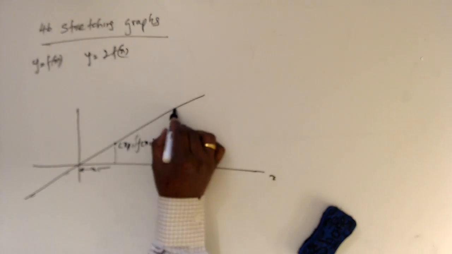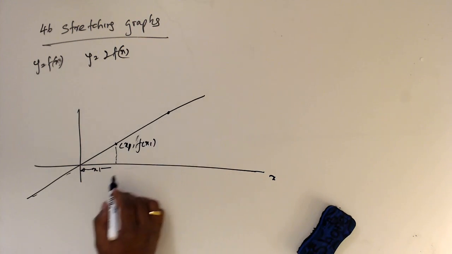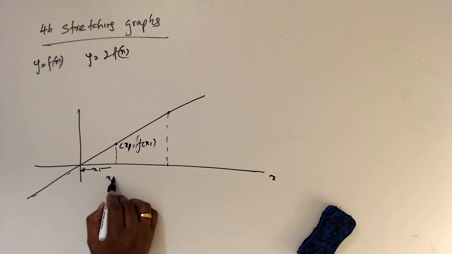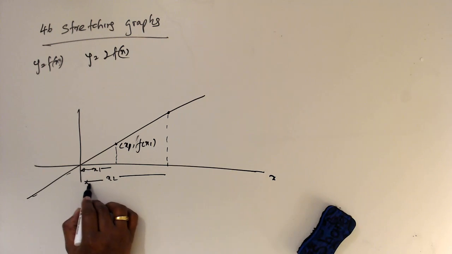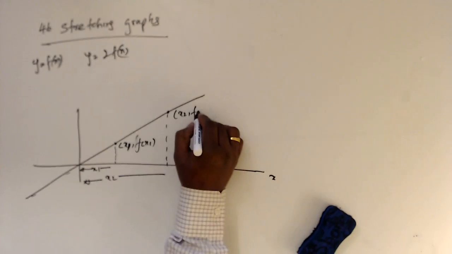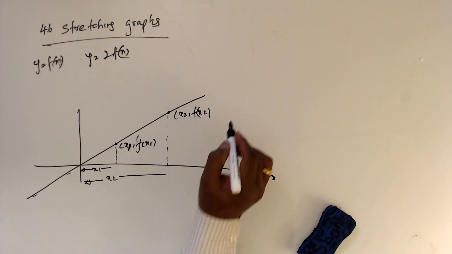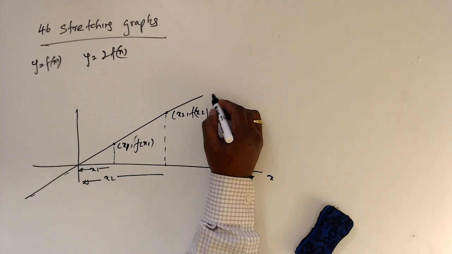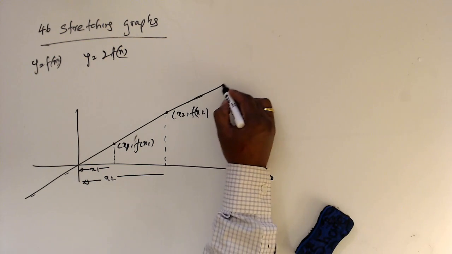Now I'll consider another point here, x2. Then the coordinate of this point is x2, f(x2). Now I'll take another point.